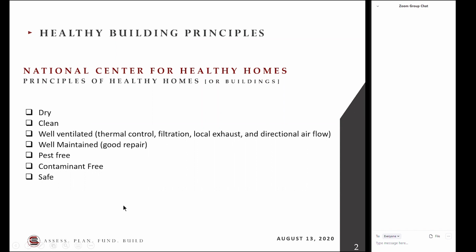The beauty of this model, which has been adopted by HUD and EPA and CDC, is that you take care of multiple hazards at once, and it's integrated. Especially for people with asthma, you take care of multiple things with one set of interventions. It has really informed how I look at buildings.